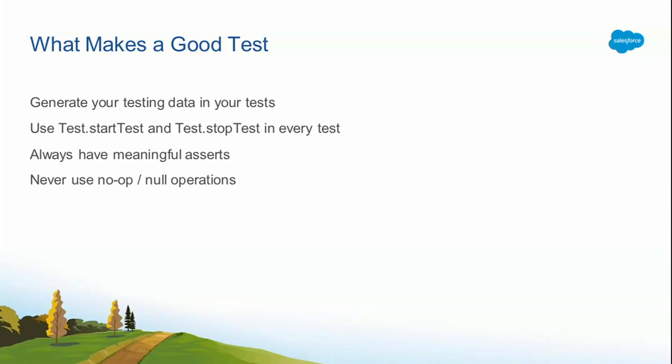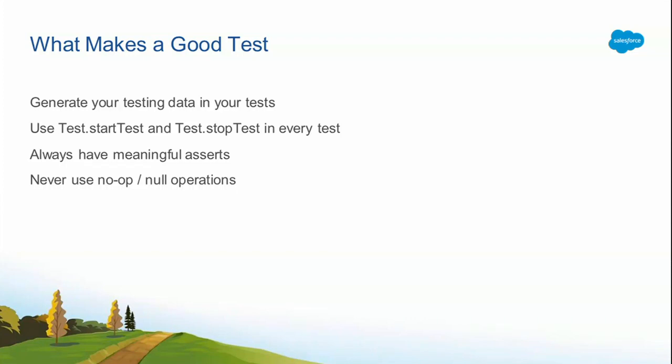Use start and stop test with every one of your tests. This is important because it resets your limits. When you do a start test, that starts your limits back at 0, and then when you do stop test, it resets your limits. So that way your setup and your asserts don't affect your limits.